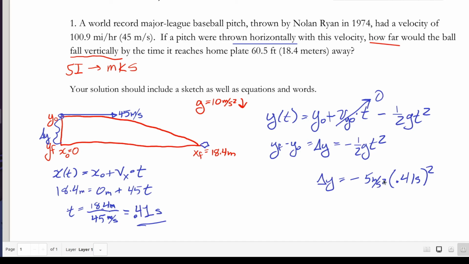Notice that the squared seconds in the denominator and these squared seconds in the numerator cancel to give us the units we expect, which are meters, and that comes out to a delta y of negative 0.84 meters, which seems not unreasonable for a distance for that to fall, that's maybe about a little less than half of a body height. So that is a solution to problem 1. We've checked our units, we've checked the reasonableness of the magnitude of the solution, and we've shown our work throughout.